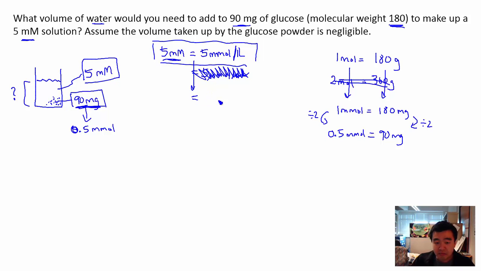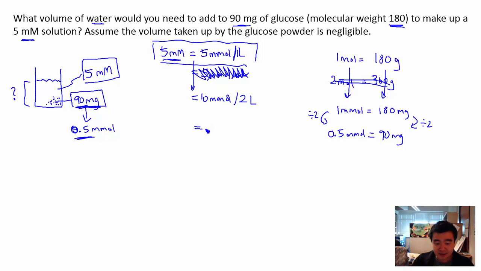If I have 10 millimoles of the glucose, this means the solution will have to be 2 liters in volume. But I don't have 10 millimoles of my glucose, I have 0.5 millimoles of my glucose.